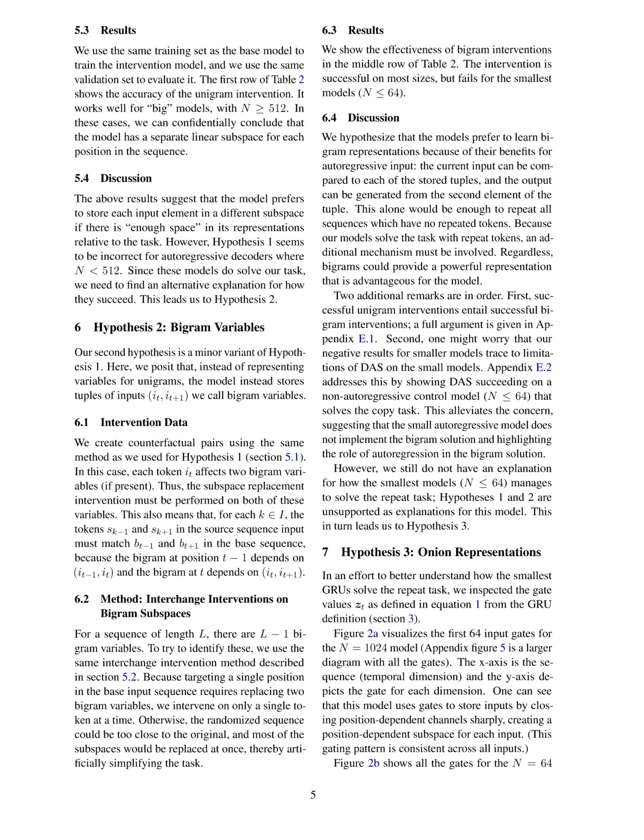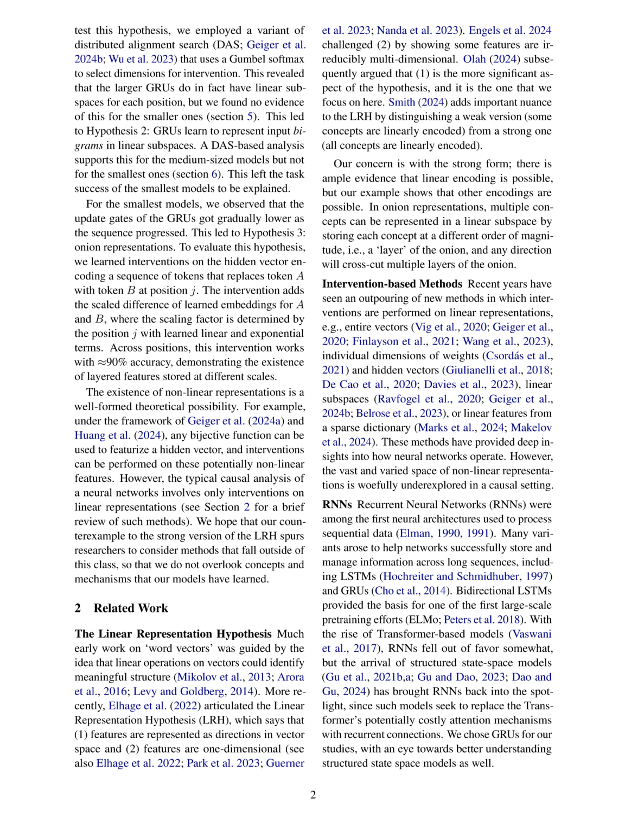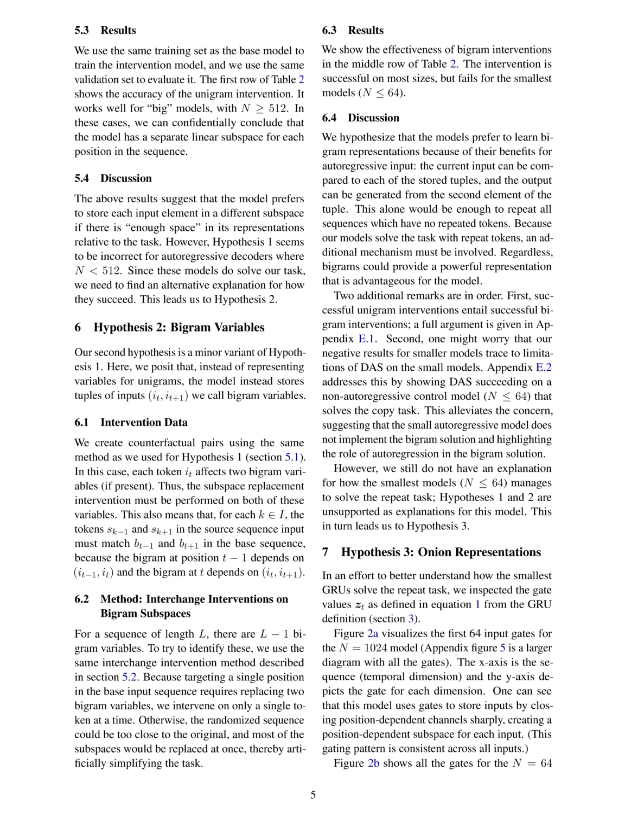To validate the effectiveness of the onion intervention method, we compared its performance against unigram and bigram interventions across various model sizes. Specifically, we measured the accuracy of the onion intervention in replacing tokens within sequences, achieving significantly better results, such as 87% accuracy for the smallest model size n equals 64, compared to only 1% for the bigram intervention. The experimental setup involved using the same training set for the base model and the intervention model, ensuring consistency in evaluation.